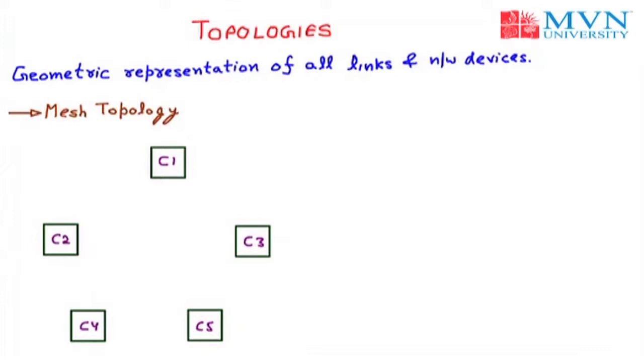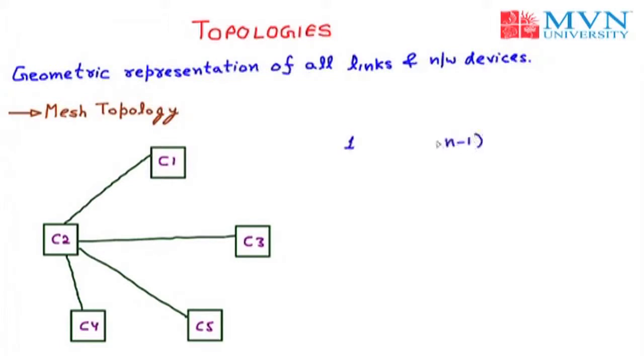Now, for example, I am taking computer C2 and that is connected with C1, again connected with C3, same as it is connected with C5 and C4. So that means a single computer can have n minus 1 connections.